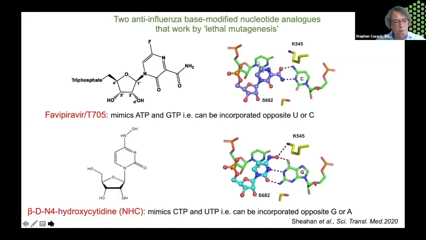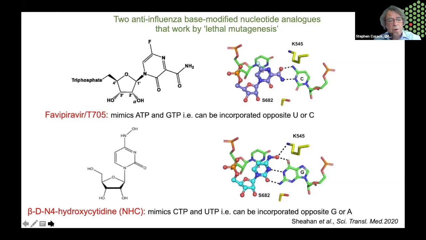Similarly, the next compound does the same kind of thing. It's a cytidine-uridine analog, which again causes lethal mutagenesis. Now, the first one was approved for use against pandemic influenza by the Japanese government and is now being resuscitated as an anti-SARS-CoV-2 drug.